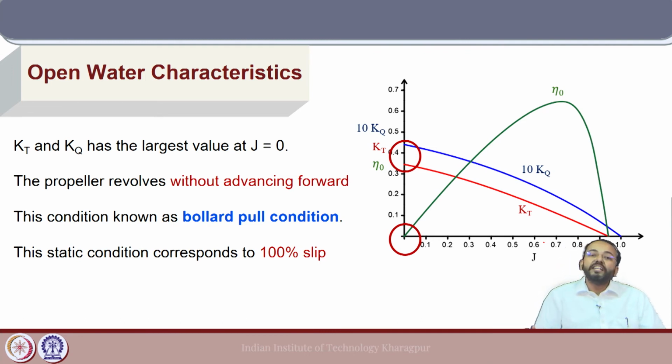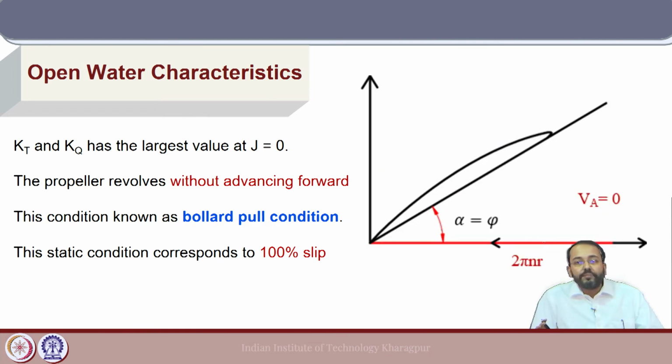And by definition, efficiency is 0, because efficiency is given by KT by KQ into J by 2 pi. Okay. So, in the Bollard pull condition, we have the highest KT and KQ. This is the blade element diagram we have already discussed, where we have the highest value of angle of attack equal to the pitch angle.